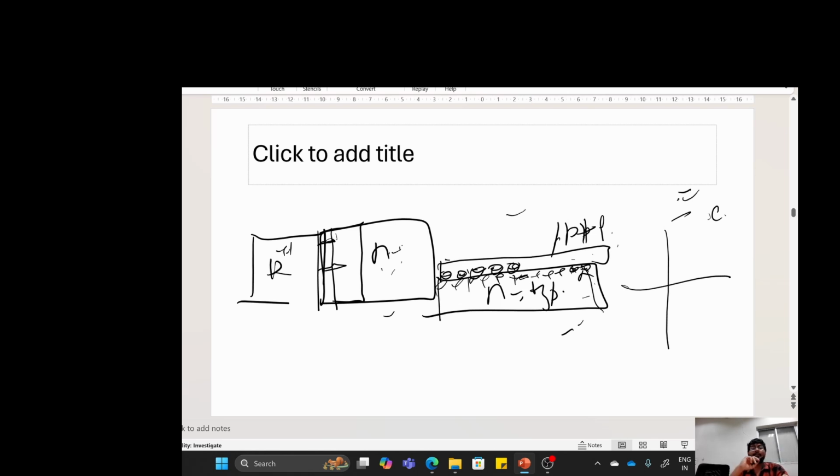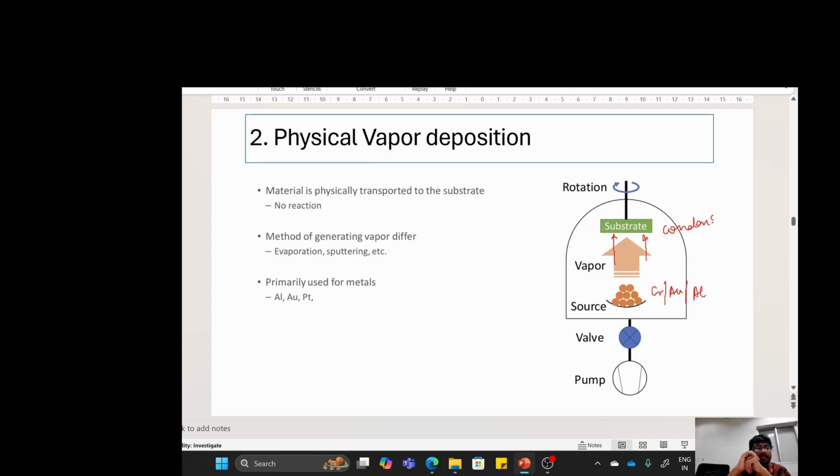So the next thing: one was the chemical vapor deposition, and another one is the physical vapor deposition. In physical vapor deposition, you already have the material, like zinc oxide, silicon dioxide, gold, silver, platinum, whatever. The metals are mostly deposited through physical vapor deposition, and with chemical vapor deposition, some oxides or semiconductor materials like aluminum nitride.